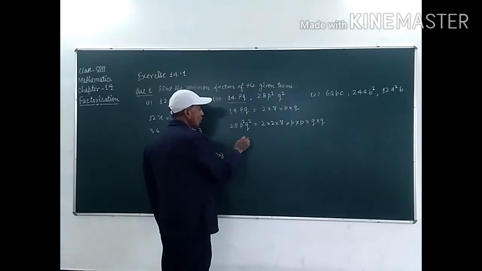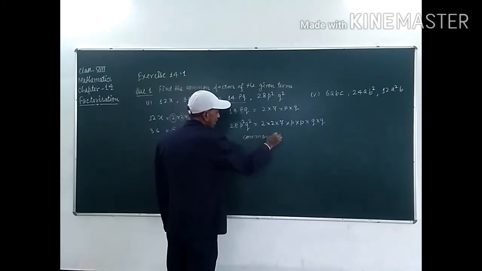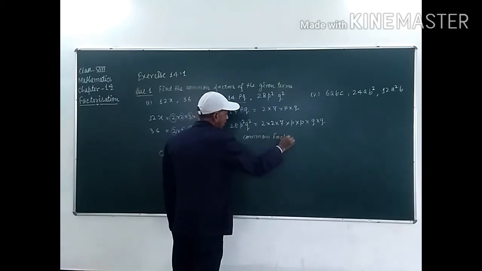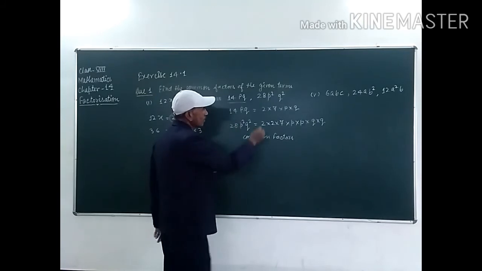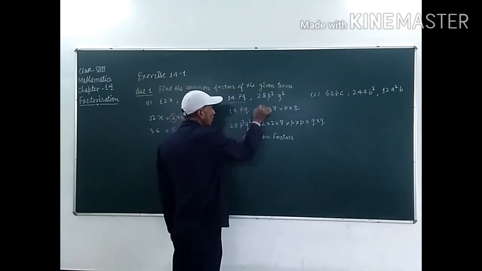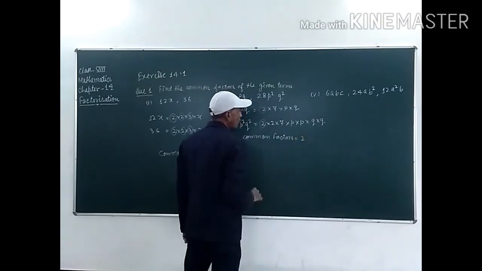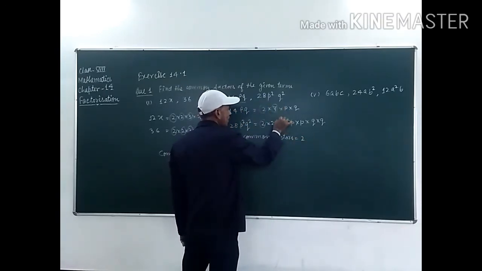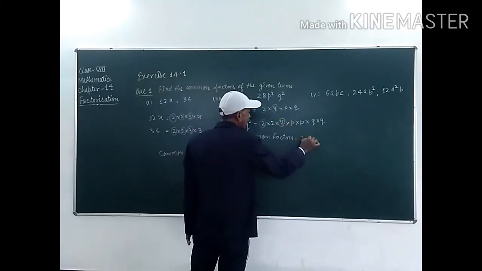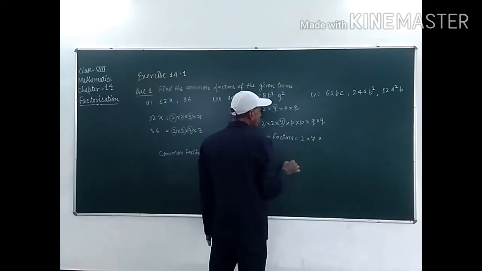So now we have to find the common factors. What will be common? First of all, this 2 is common, student. So we have to write here 2, and again 7 is common here, students, this one into 7 into.